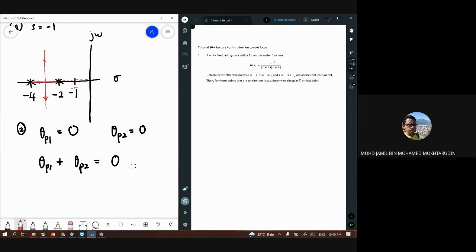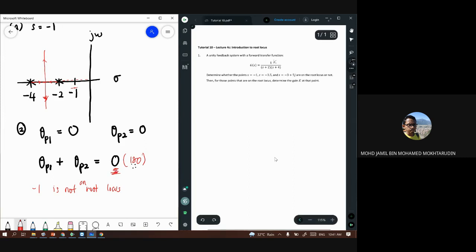So -1 is obviously not on the root locus. Probably it's a multiple of 180, but it's 0, not a positive odd multiple of 180. So because of that, it's not on the root locus.